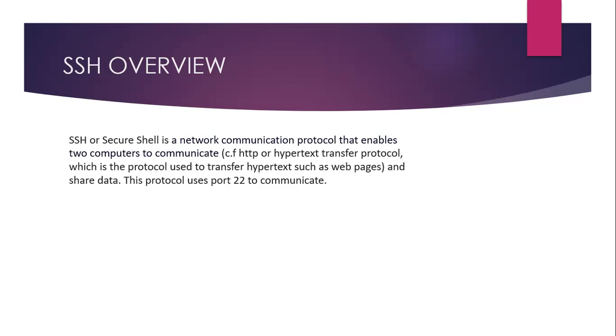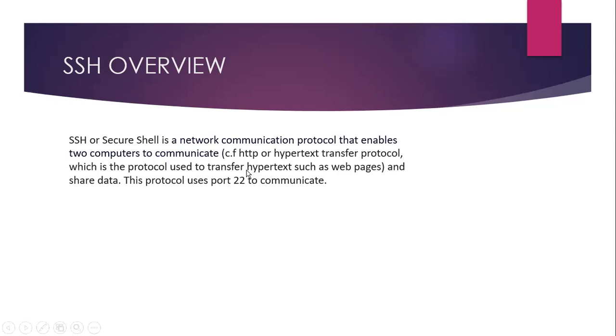So one method of mitigating or reducing risk is to disable root login and enable authentication using algorithms like keys, public keys and private keys. That's the asymmetrical way of encryption.